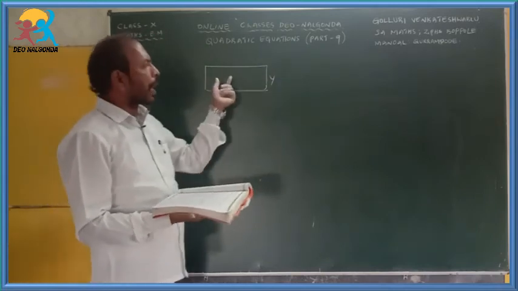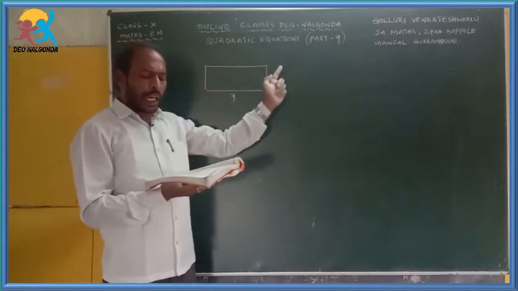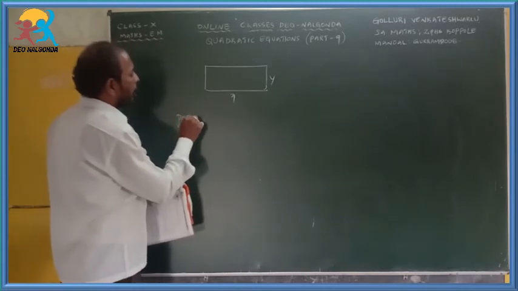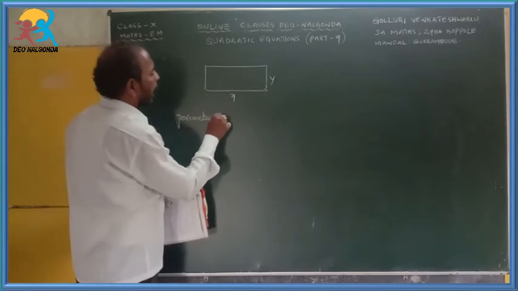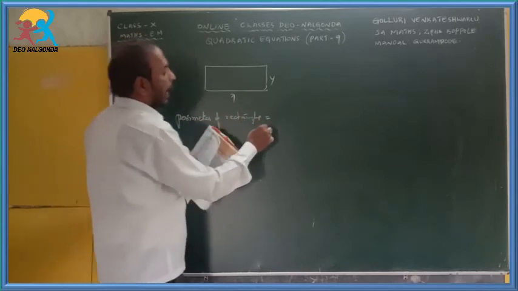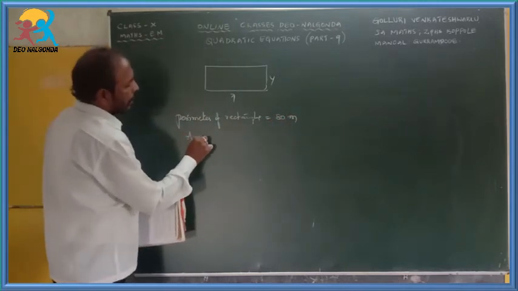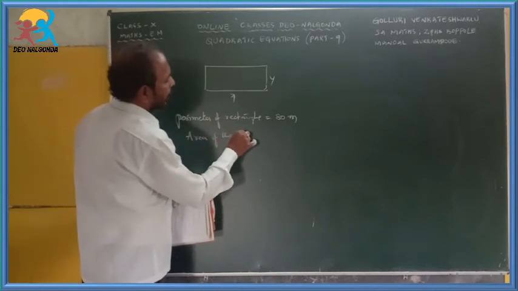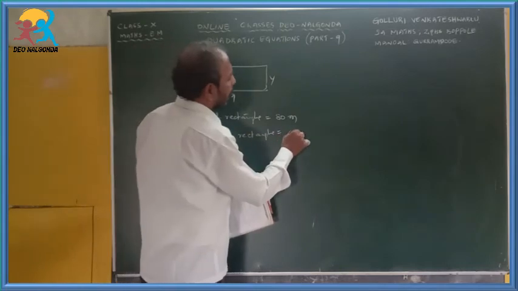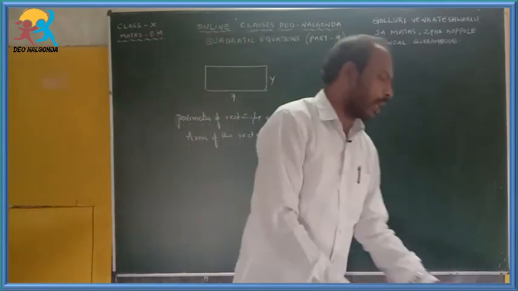Last problem: is it possible to design a rectangular park of perimeter 80 meters, where the perimeter of the rectangle is given as 80 meters and the area of the rectangle is given as 400 square meters? Is it possible? Guess your answer.